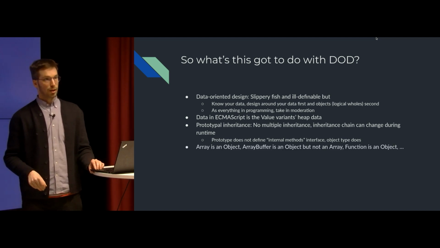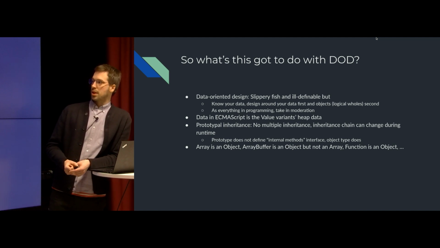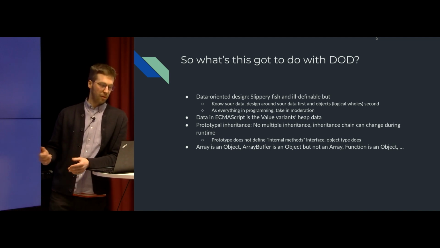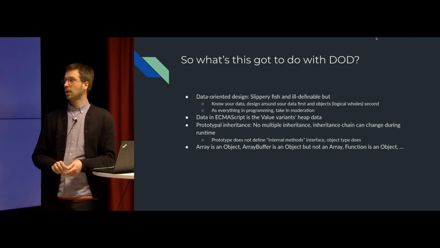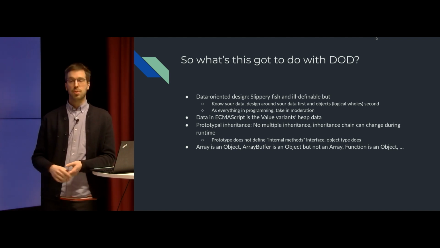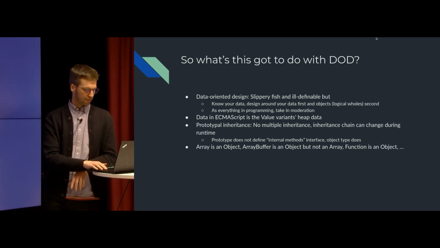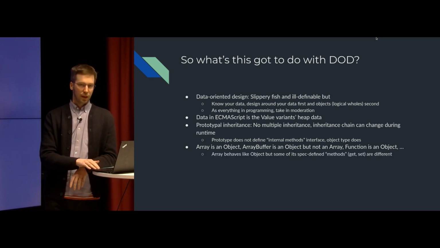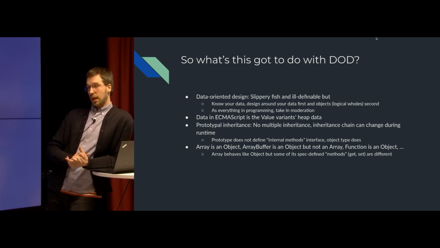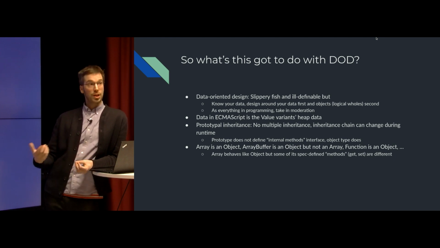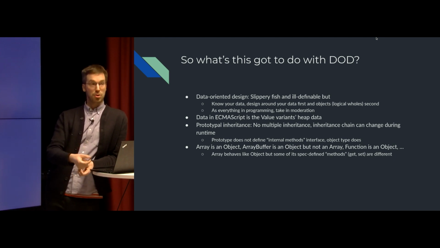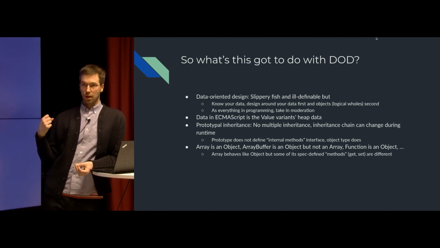All right, so as said, an array is an object. An array buffer is an object, but it's not an array. It's completely different. Functions are objects. Everything is basically an object if it's not the primitive stuff. Array behaves like an object in every way except its get and set methods. So what happens when somebody assigns to you, what happens when somebody reads from you, are defined differently.